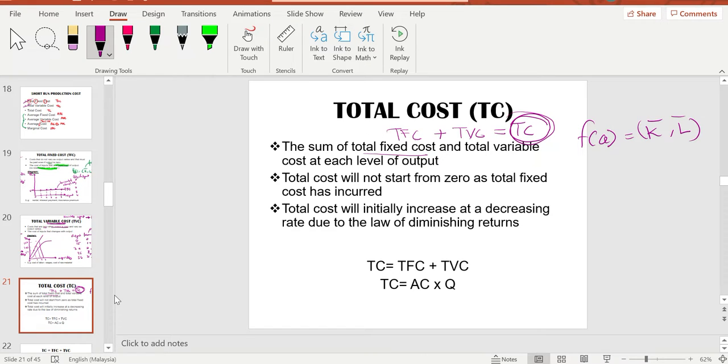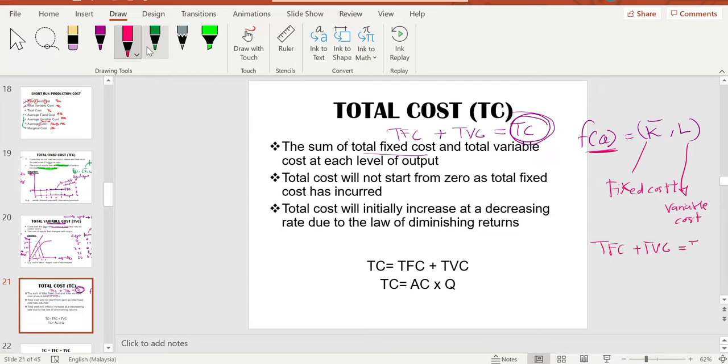Capital ni fixed, sorry, the capital is fixed, maksudnya the cost associated with the using of capital adalah fixed cost. Kalau labor adalah variable, so cost dia adalah variable cost. So kalau soalan tanya berapakah total cost untuk penghasilan output ni, it's basically total fixed cost tambah total variable cost, TFC plus TVC.